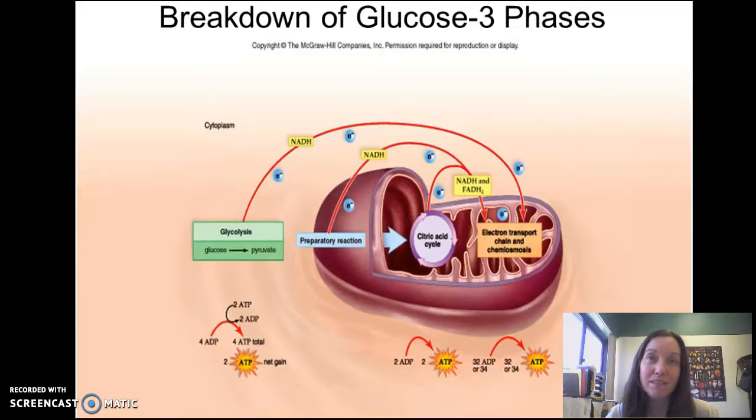In the citric acid cycle, 2 ATPs are produced. And in the final step of cell respiration, the electron transport chain, 32 or 34 ATPs are produced. That's a best case scenario. A lot of the time we see numbers less than 30. It depends on the cell and how efficient it is at breaking down the sugar.